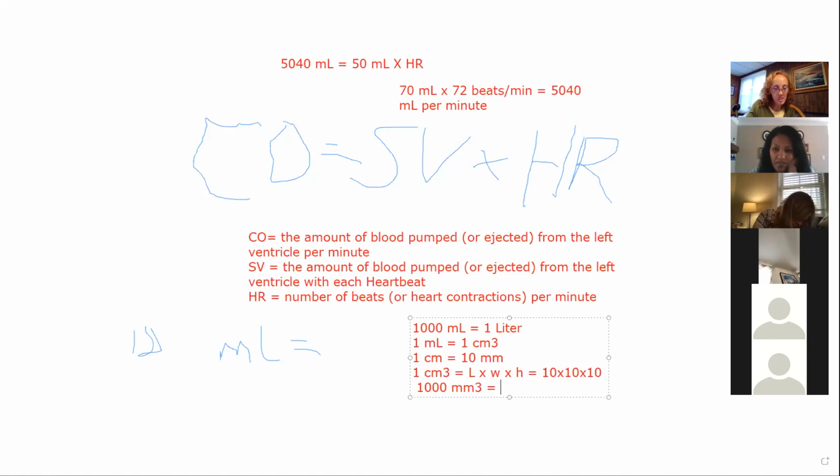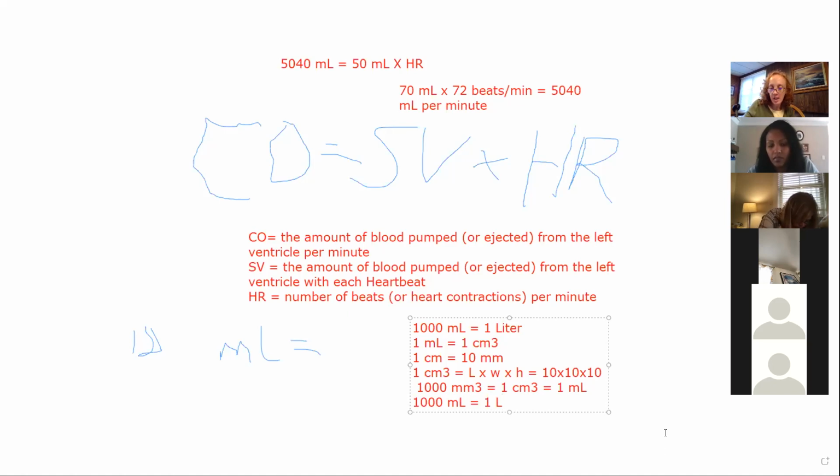Let's see here. 1 centimeter cubed equals 1 milliliter. And 1,000 milliliters equals 1 liter.